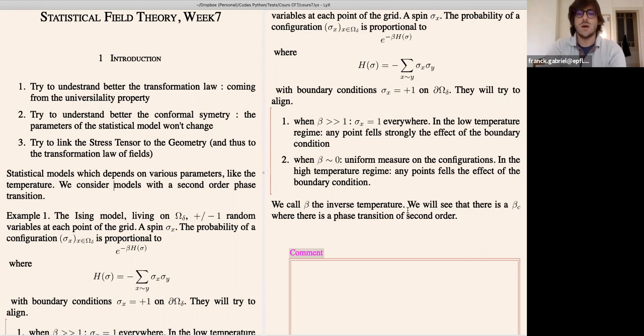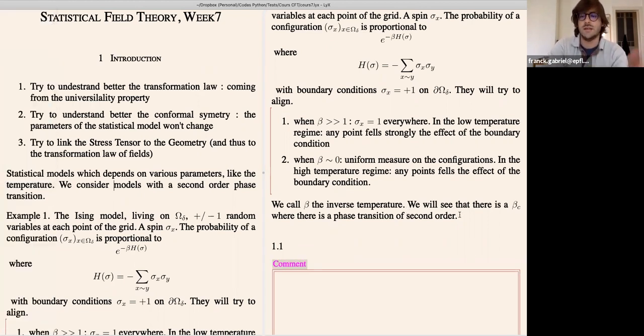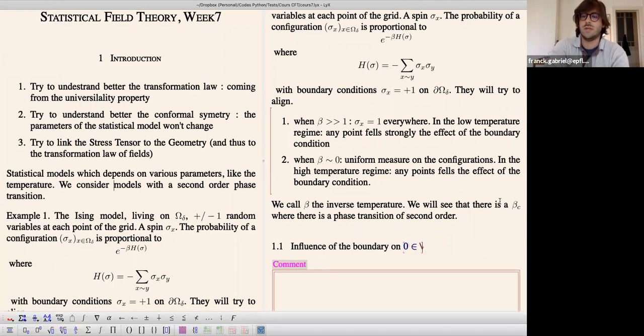Okay, so let's see what it means exactly, the fact that there is this beta c. Let's look at the influence of the boundary on, let's say, 0, which belongs to omega delta.